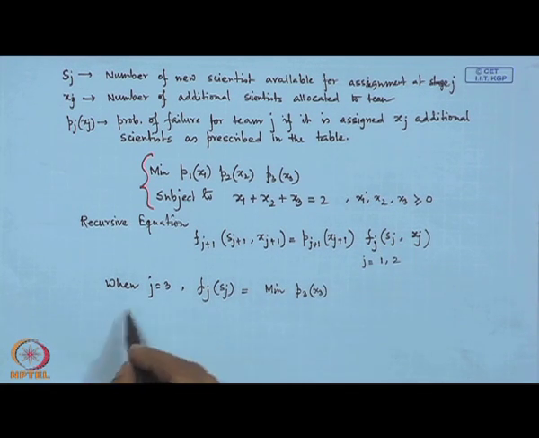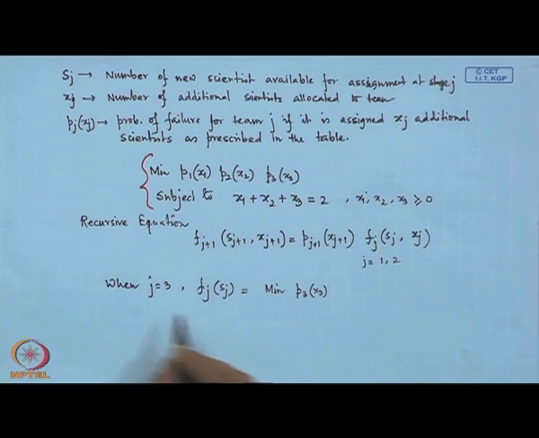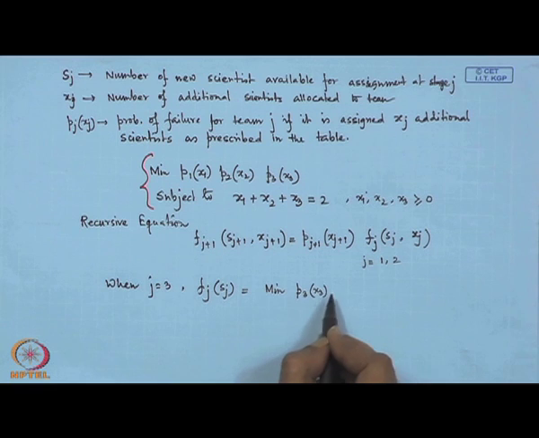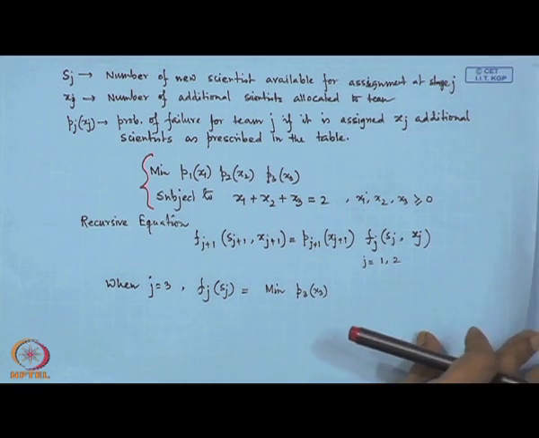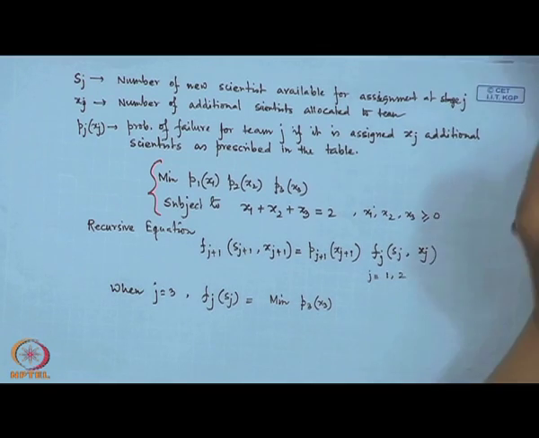Thus, if we start from j equal to 3, that is if we consider the last team, that is team C as the first stage, because we wanted to move backwardly in the backward recursive process. Therefore, Fj(Sj) is equal to minimum of P3(x3). Here only one variable is involved, that is x3. These are the decision variables and Sj are the state variables for this. Now, this is the problem for us.